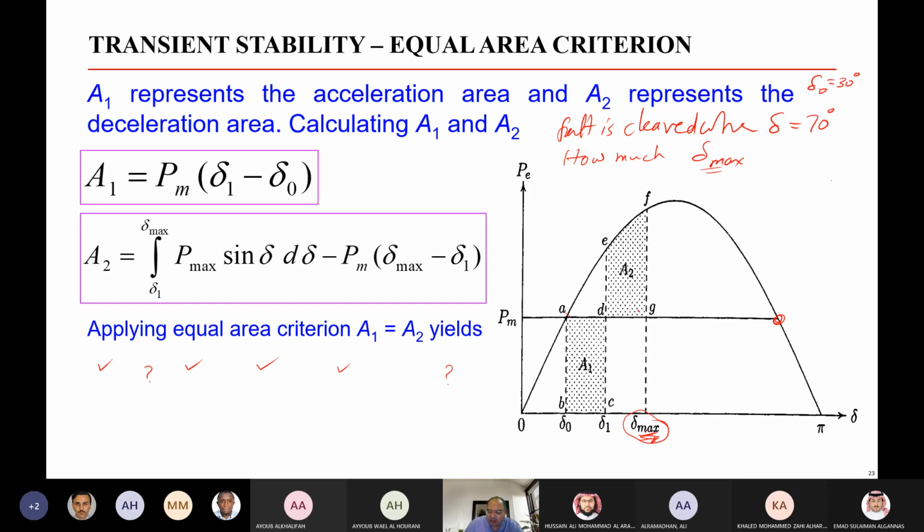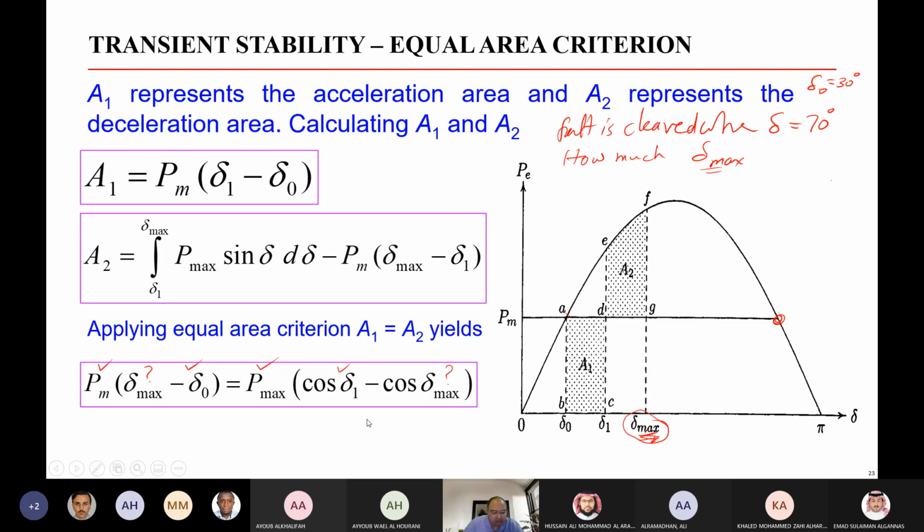In this case, you can solve. If this is A1 and A2, you end up with this equation. Delta 1 is known, I give it here, and then you can get delta max. So this is the maximum angle that the angle will oscillate to. This is delta max, isn't it?